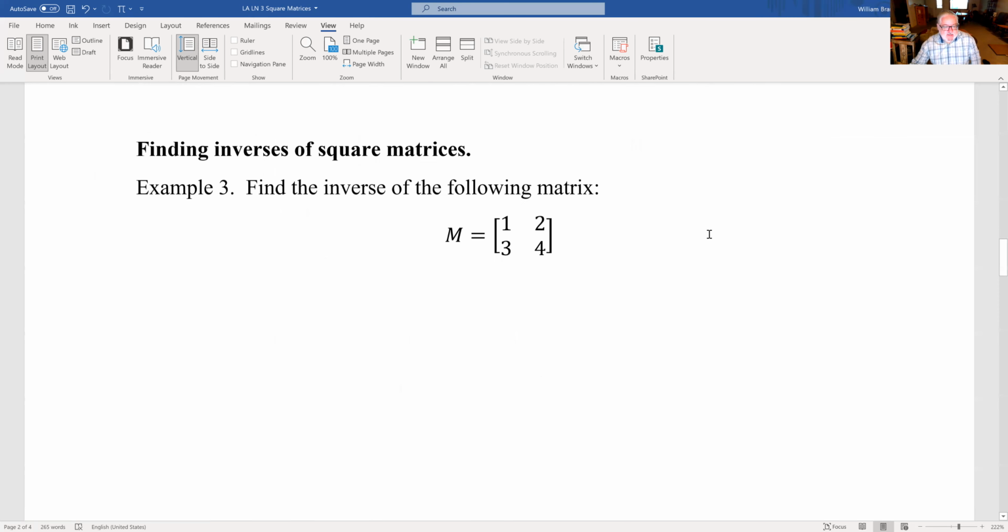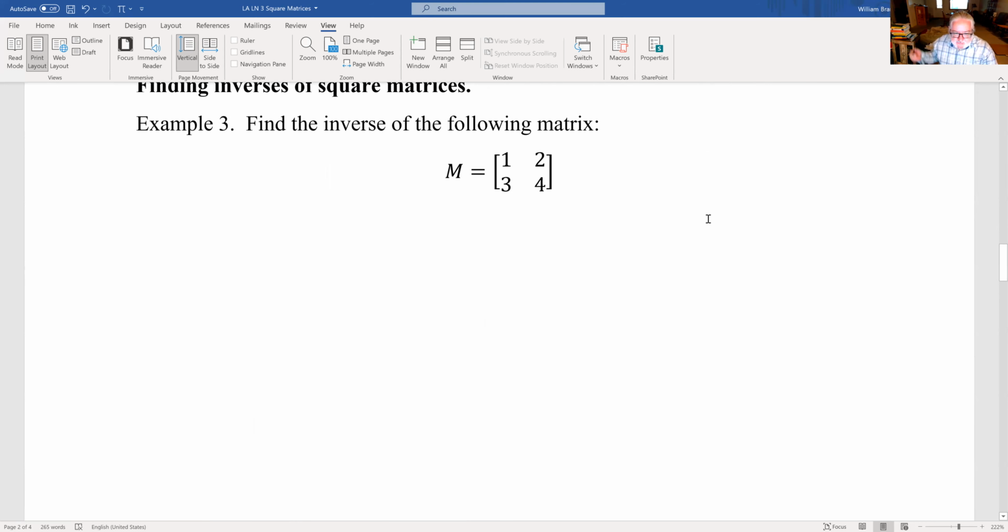Now the question is, if you've got a square matrix, how do you find the inverse? The idea is that we want to do this multiplication.